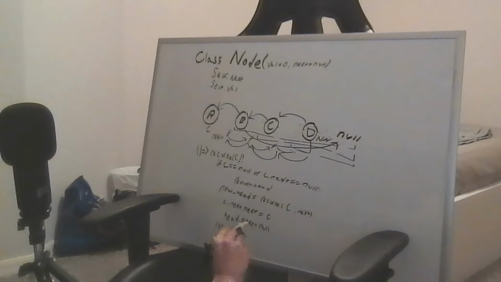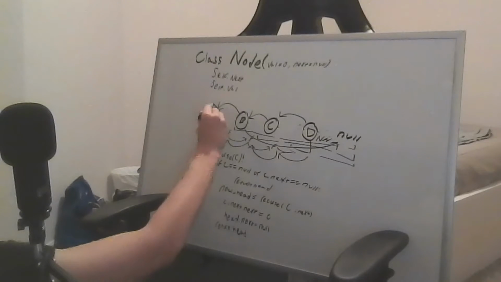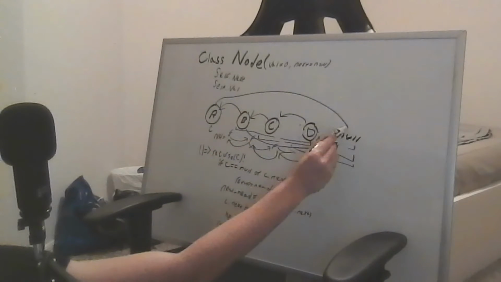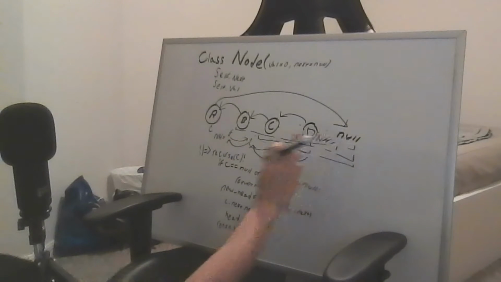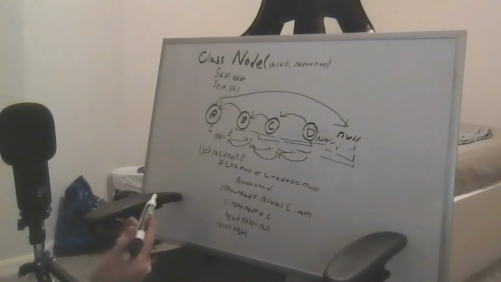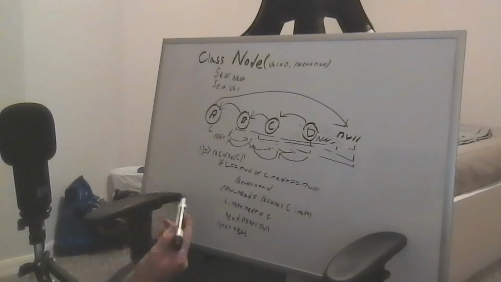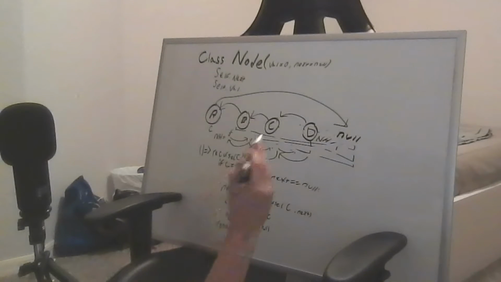And we are going to point head.next, so A's pointer, to null this final time. Of course, this isn't here anymore. And just like that, our linked list is reversed.